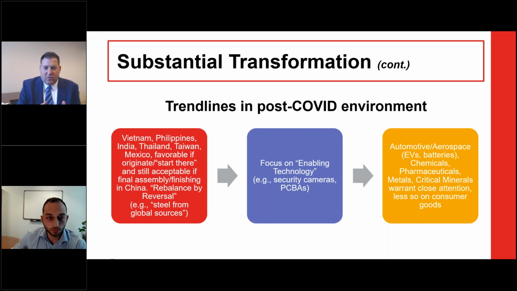We are seeing, as time goes on, CBP take a more balanced approach. If the raw material starts somewhere else, the more complex material, and they go to China for assembly or finishing, those will not be found to be from China. And that's consistent with substantial transformation.